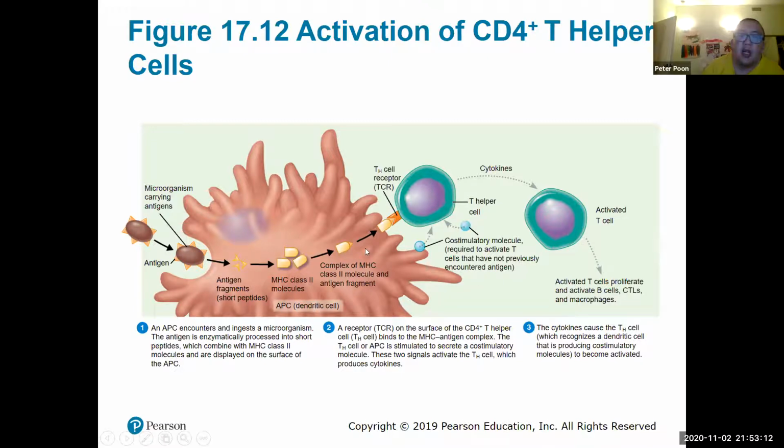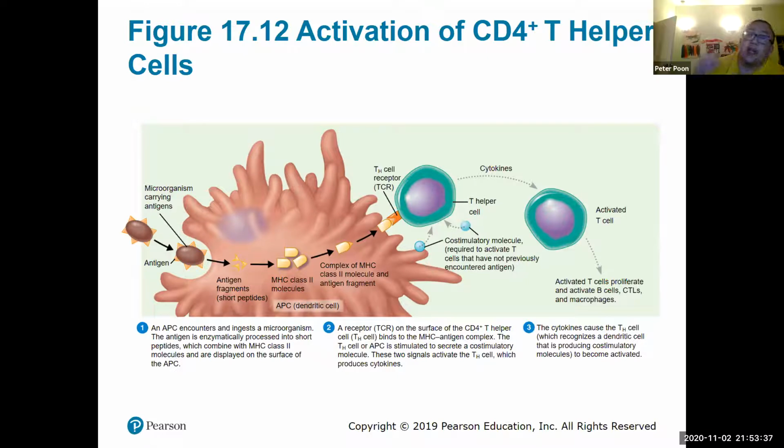Once it gets a go signal, it will activate itself, clone itself, and then start activating B cells, cytotoxic T lymphocytes, and macrophages, all of which can bind to the same signal.